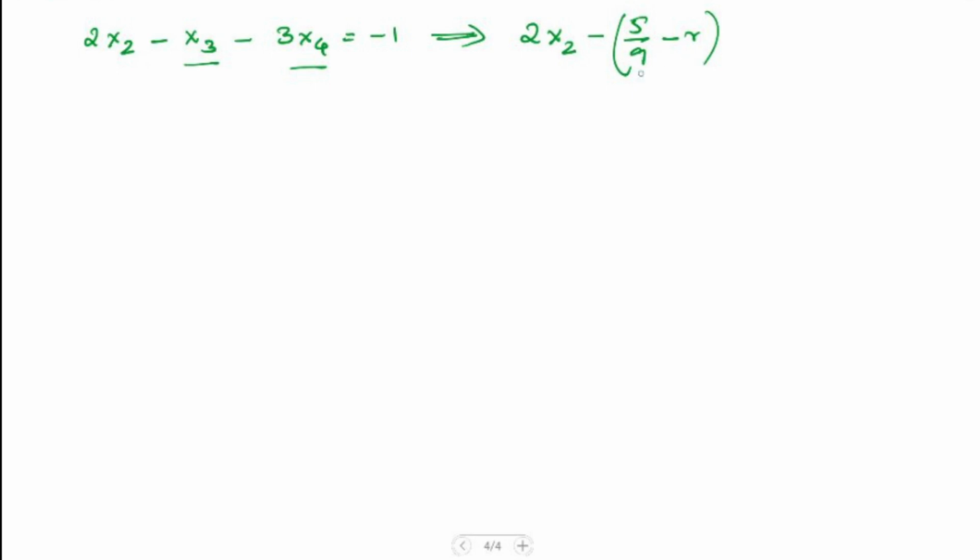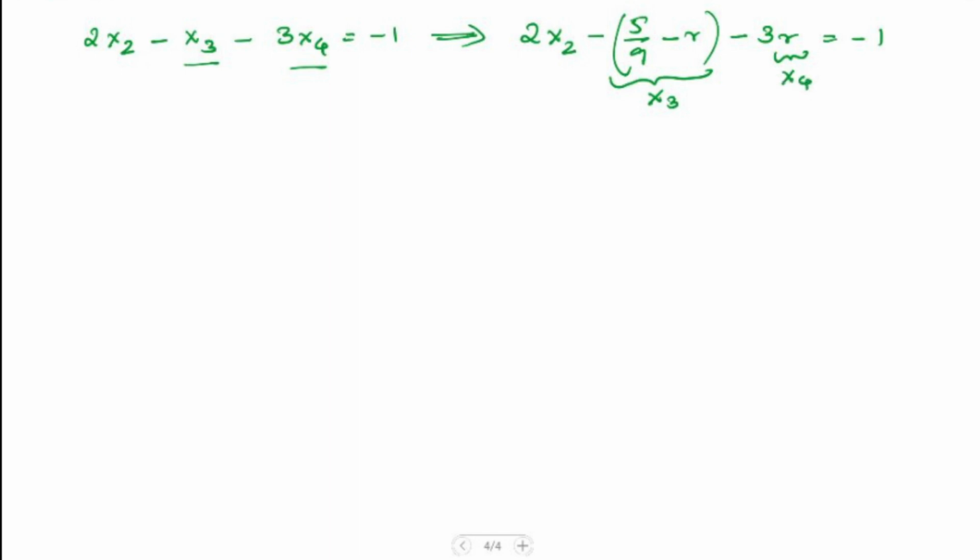Then minus 3 times x4, and we have said that x4 is equal to R. So that is equal to minus 1. This here is x3, and this here is x4.